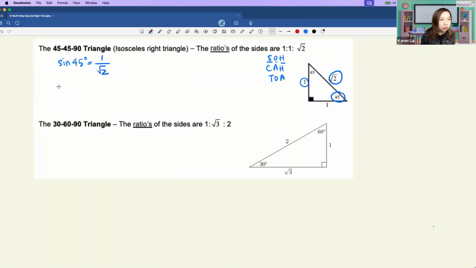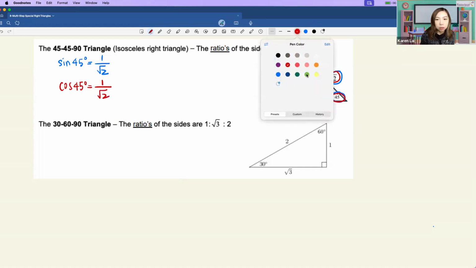Then we can look at cosine 45. Cosine would be adjacent over hypotenuse. Adjacent is that side that's right beside the angle that we're looking at. So it's 1. Hypotenuse again is root 2. Now we can look at TOA.